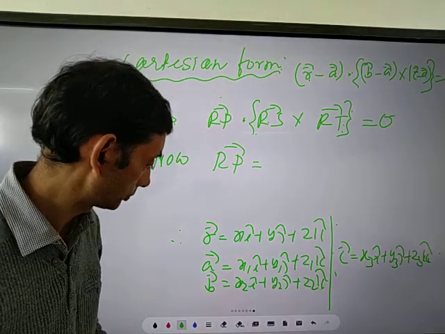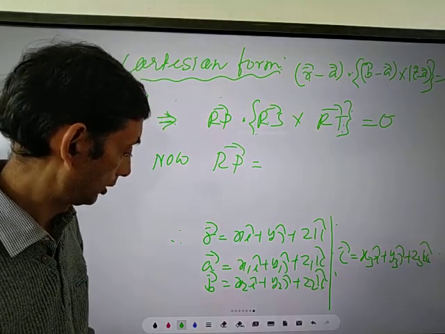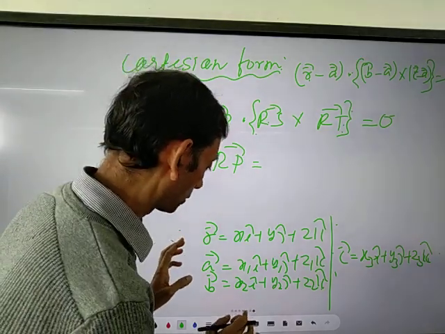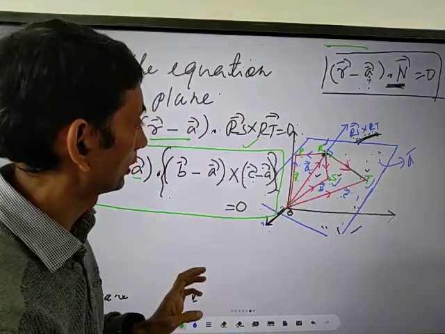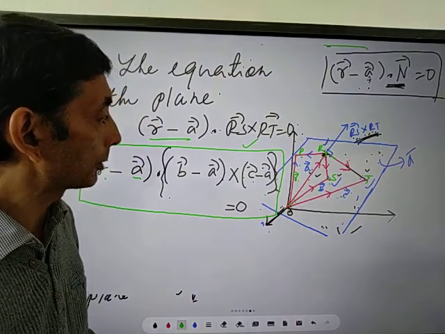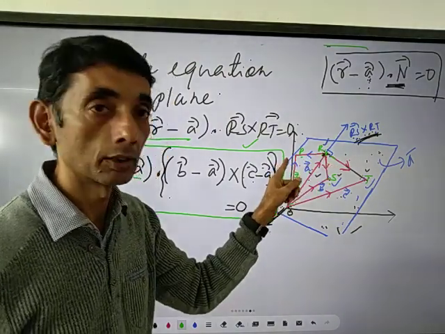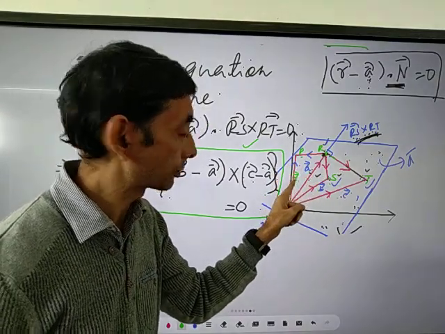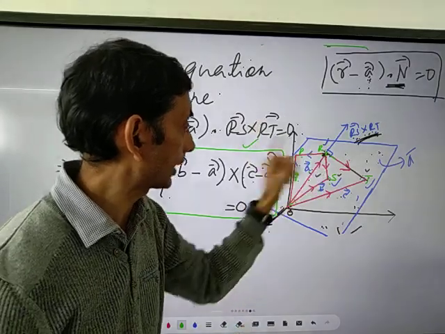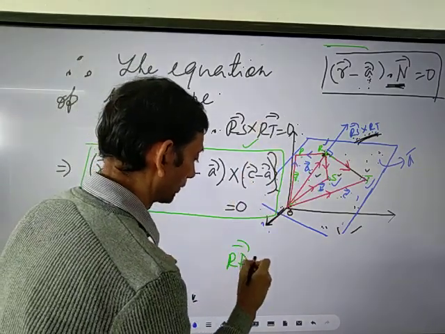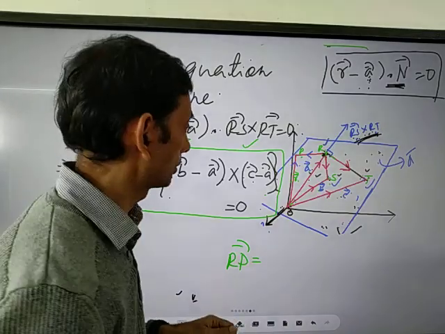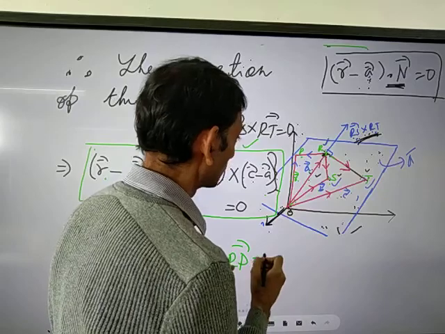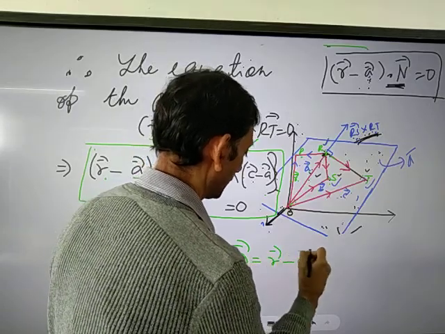Okay, rp. Rp means r minus a. So r is the position vector of p. To find rp, you have to do r minus a.